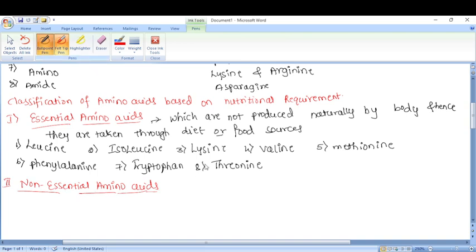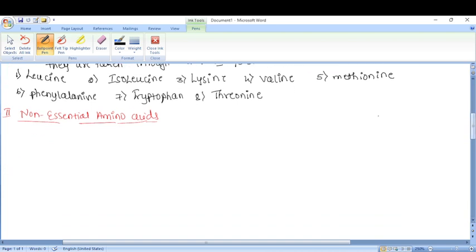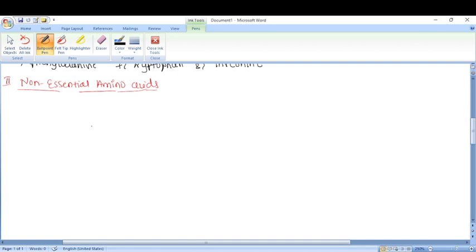We'll see what we mean by non-essential amino acids.